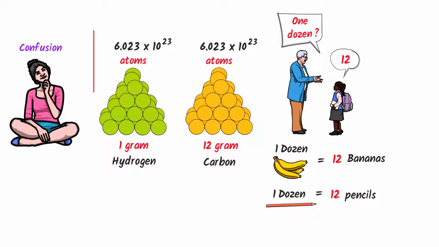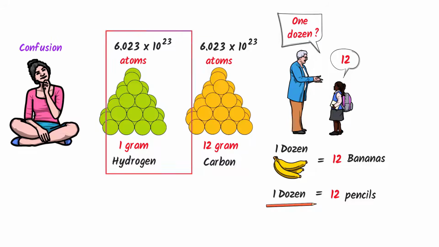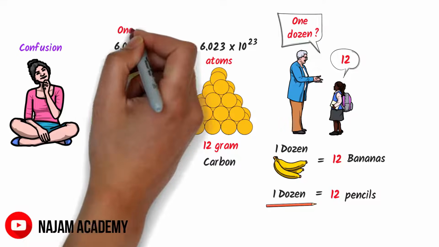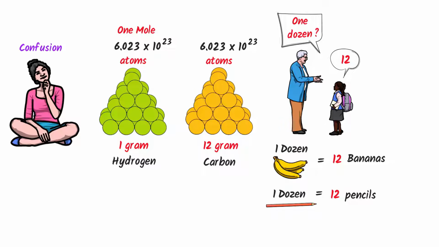Similarly, the mass of one hydrogen atom is very different from the mass of one carbon atom, but in 1 gram or 1 mole of hydrogen, there are 6.023 × 10^23 atoms of hydrogen, while in 12 grams or 1 mole of carbon, there are also 6.023 × 10^23 atoms of carbon.